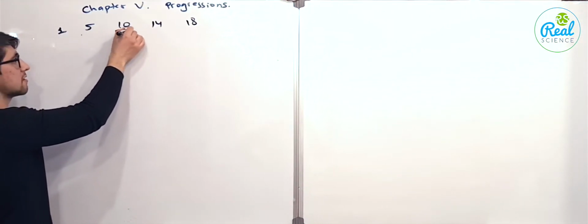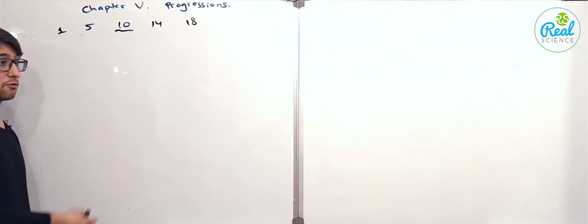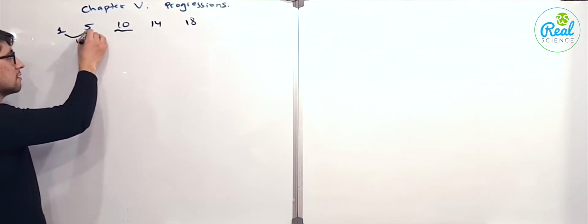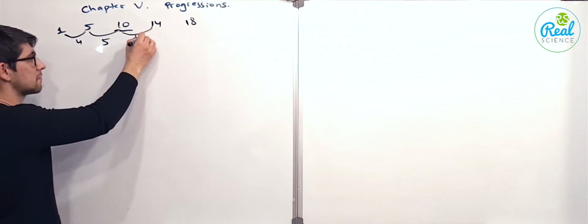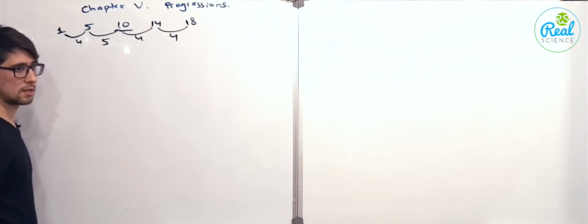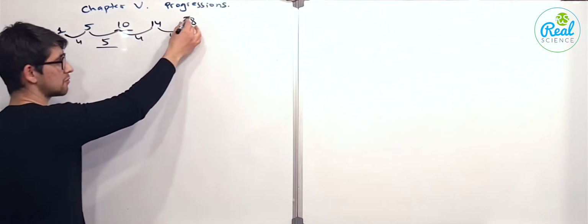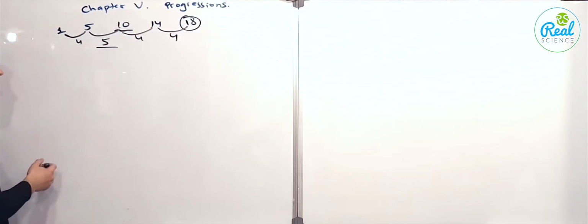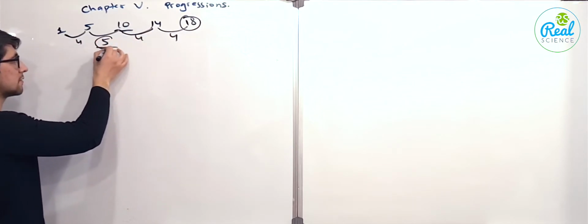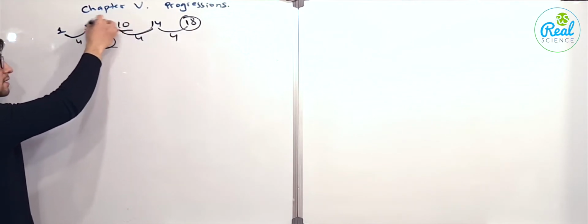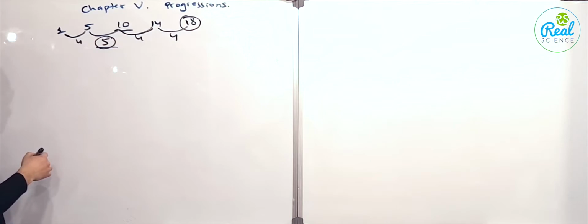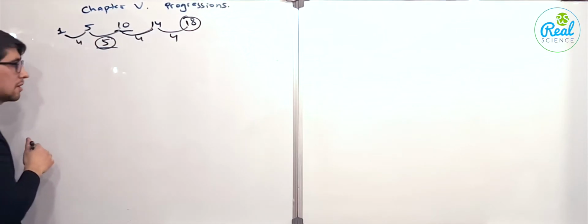But here you face a wrong point, because the difference is 4 here, this difference is 5, this difference is 4, right? This will just confuse you. Whether you predicted correctly or not, if this term is not given, this 5 is the incorrect one. So there is something wrong with it, okay?